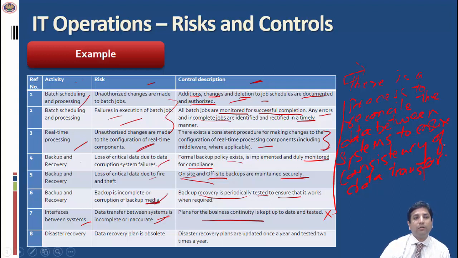So this is an example of a control which helps in preventing the risk that data transfer between systems is incomplete or inaccurate.